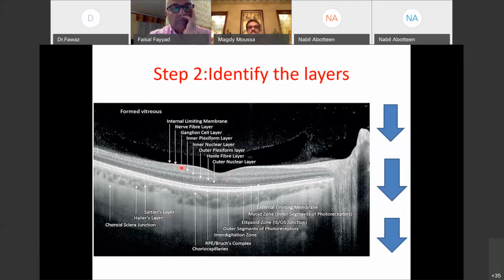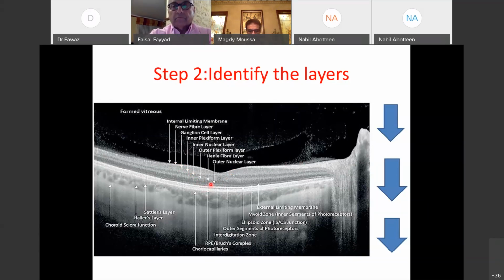Just beneath it, we have the ganglion cell layer, and then come the inner plexiform layer, inner nuclear layer, outer plexiform layer, and outer nuclear layer. Then we come to the 2 most important layers: the external limiting membrane, which is this thin hyperreflective line, and just beneath it, the photoreceptor layer, which we also call the ellipsoid zone.